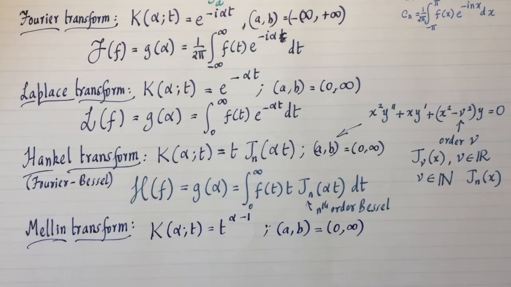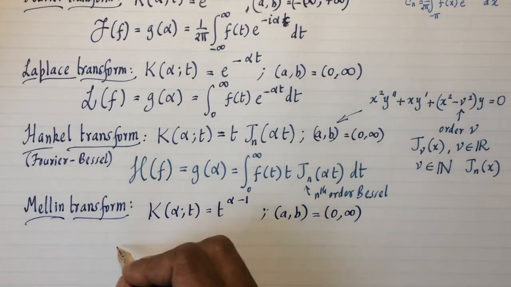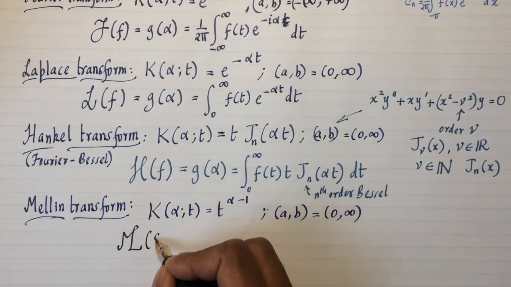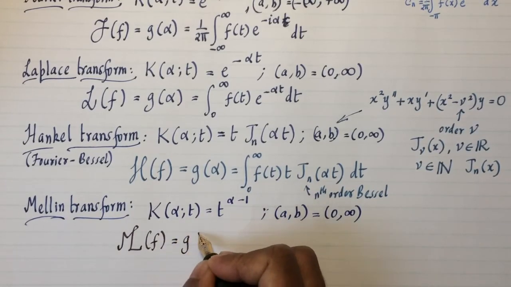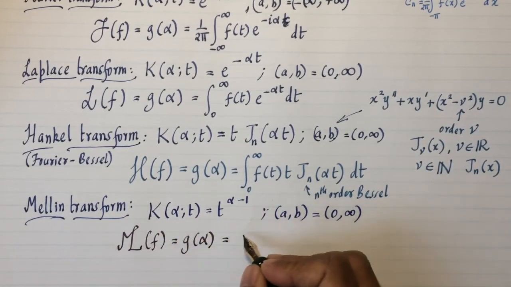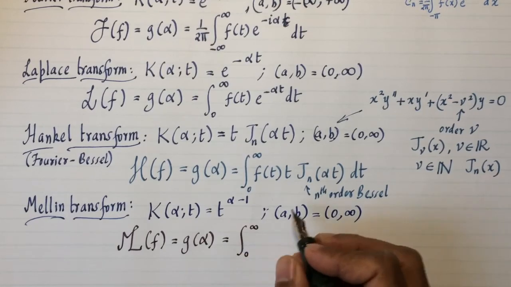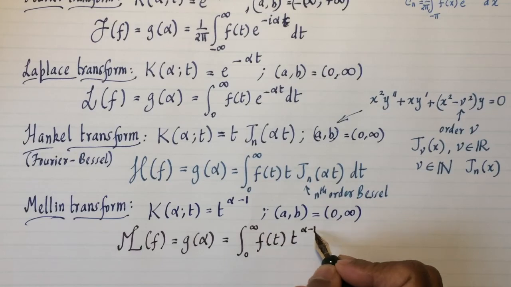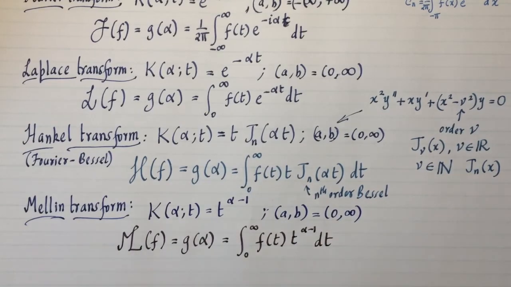So the Mellin transform, written as script M of f, is another g of alpha, which is the integral from 0 to infinity of f of t times t to the power alpha minus 1 dt.